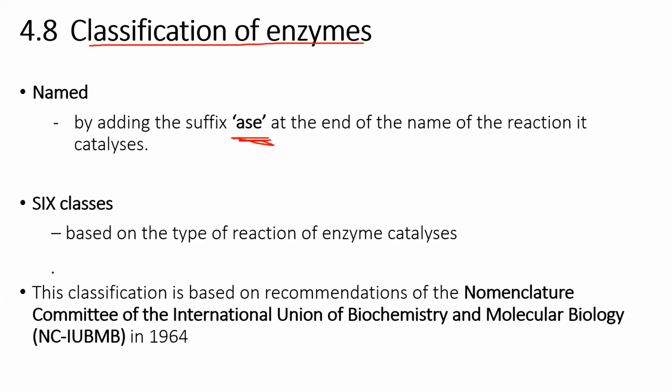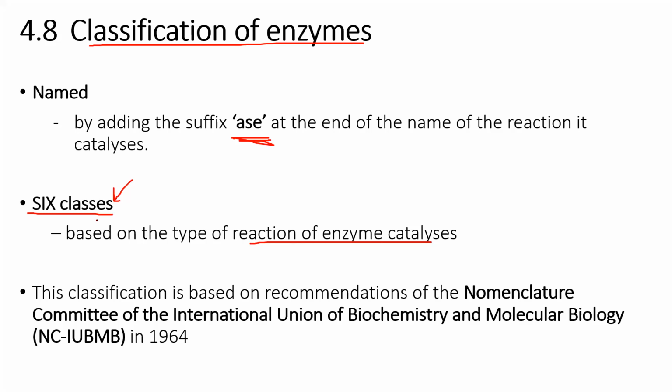Okay. So the enzymes are classified into 6 classes, okay, based on the type of reaction the enzyme catalyzes. So you can classify the enzyme based on how the enzyme involved in the reaction. So you can have oxidoreductase, for example. So this type of enzyme involved in the oxidation reduction reaction.